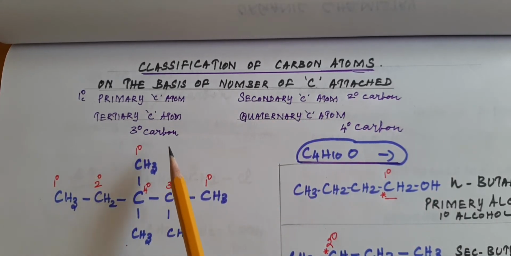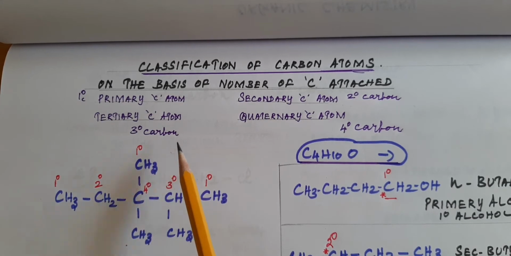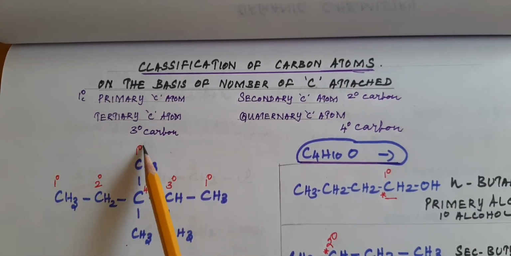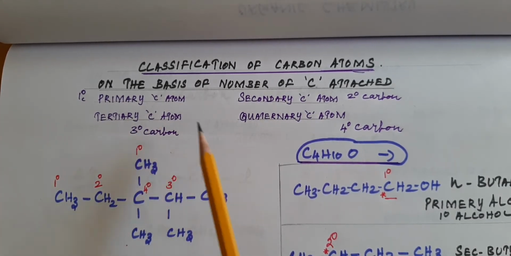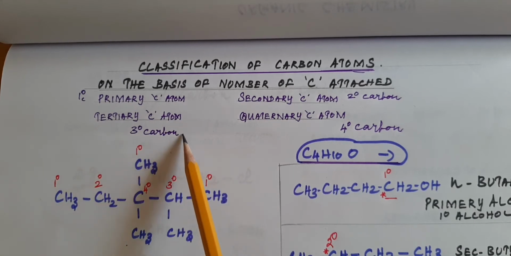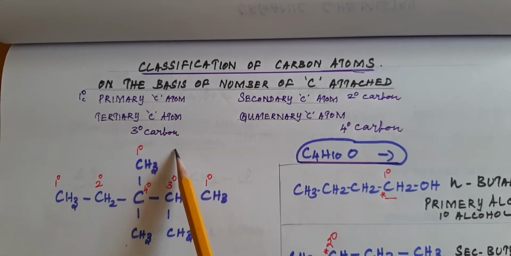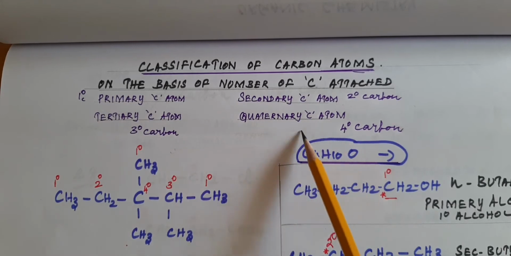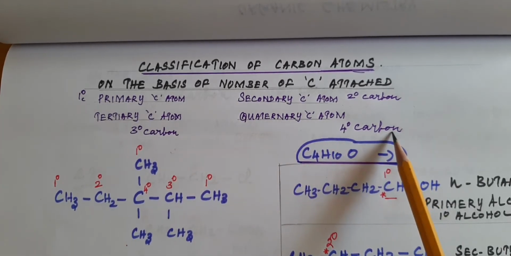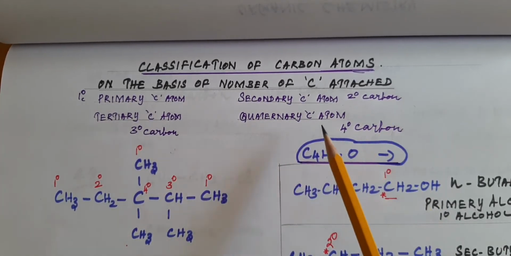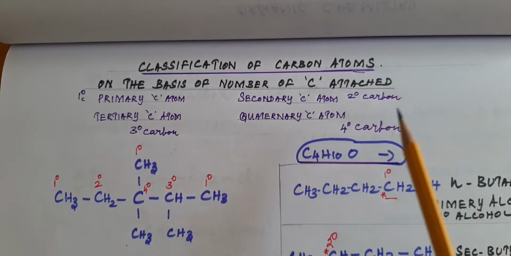Tertiary carbon atom or 3 degree carbon atom: when a carbon atom is attached to three other carbon atoms. Quaternary carbon atom or 4 degree carbon atom: when a carbon atom is attached to four other carbon atoms.